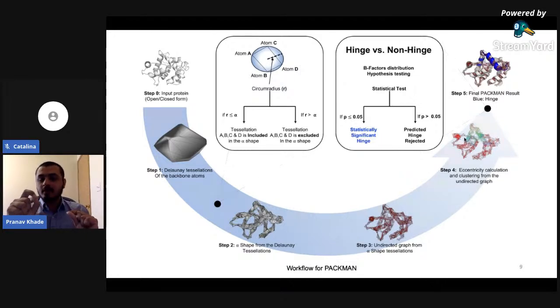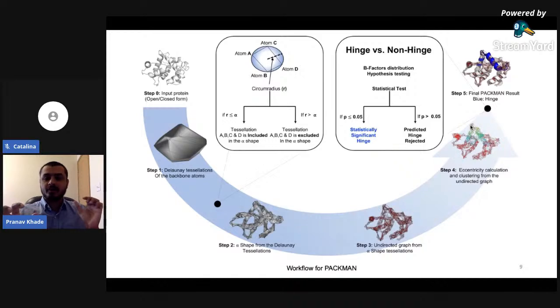The higher the B factor, the more flexible the atom is, and the more it moves from the mean position. We take the distribution of B factors in the hinge region and compare it with the non-hinge region using a permutation test.